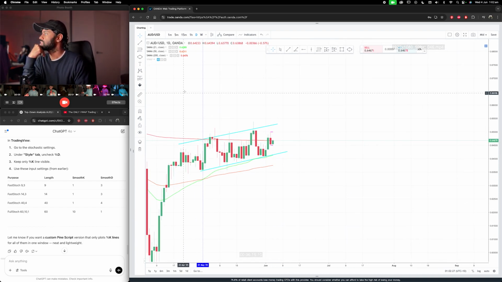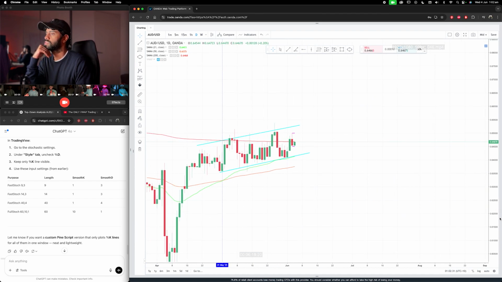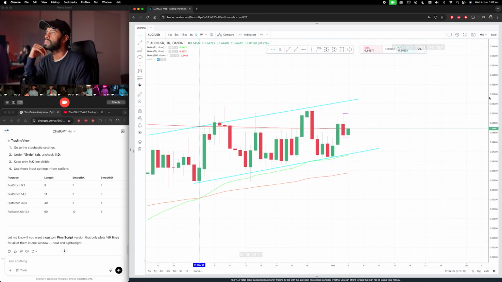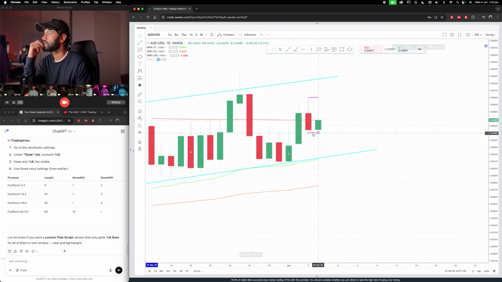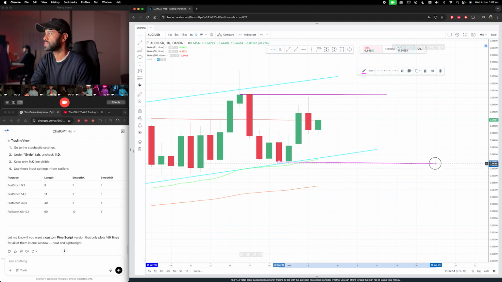Okay, so now that's done. So now let's look at our daily charts. What I'm drawing right now is just basic support and resistance.